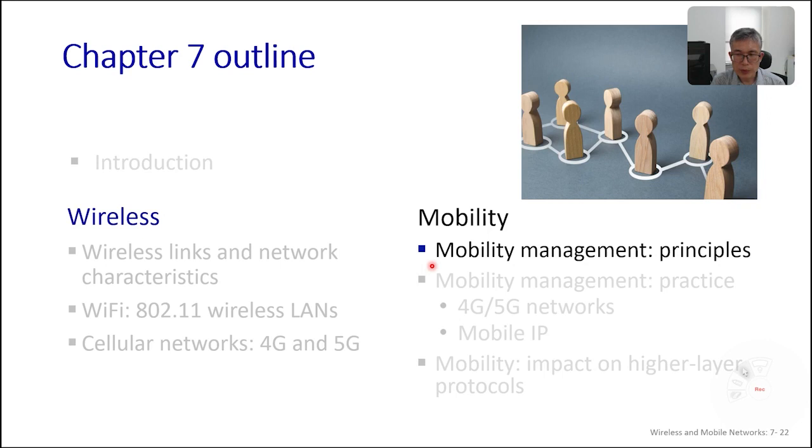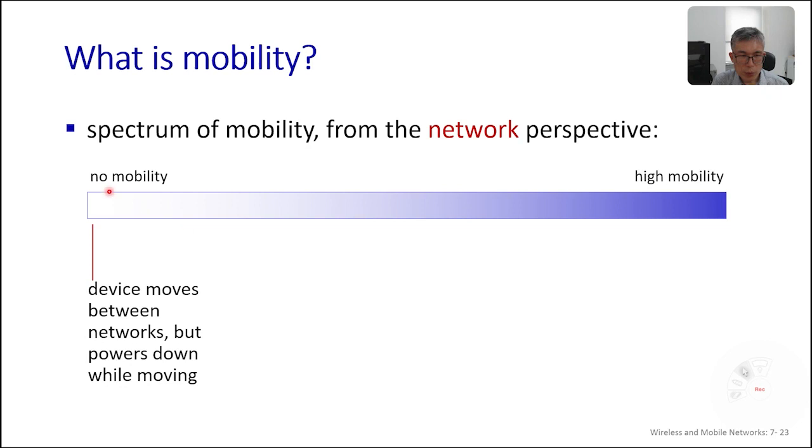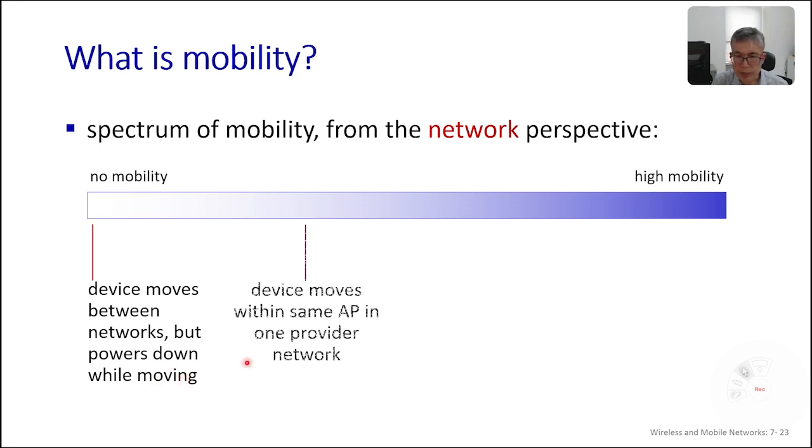Okay, let's move on. Mobility management principles. So what is mobility? The spectrum of mobility from the network perspective runs from no mobility to high mobility. No mobility means the device moves between networks but powers down while moving. Intermediate mobility means the device moves within the same access point in one provider network.